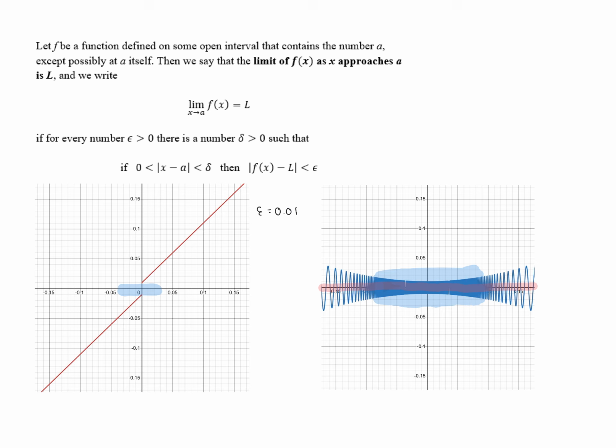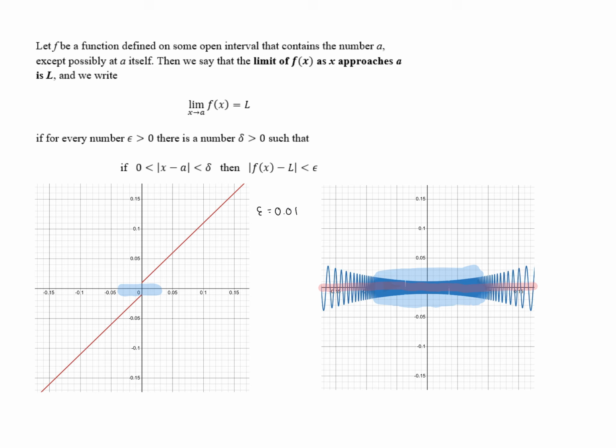So this bit right here of this definition says there isn't a small enough neighborhood that we can look at where our function is always bounded above and below by 0.01 or 0.001 and negative 0.001.